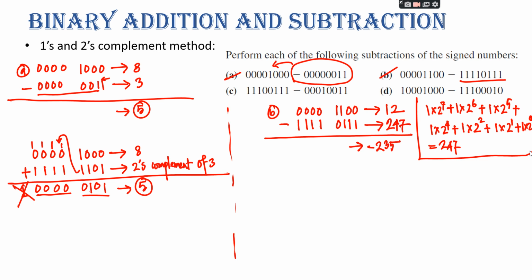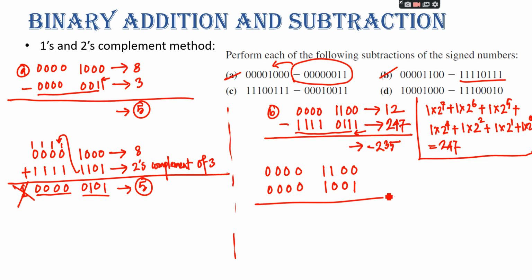Now, if we take the one's complement, 2's complement and add them together, what will happen now? So if I take the number again 0 0 0 0, then 1 1 0 0, and if we take the ones complement, we'll get first 1 as it is, and the rest of the number should be complemented, so it should be 0 0 0 0, then 1 0 0.